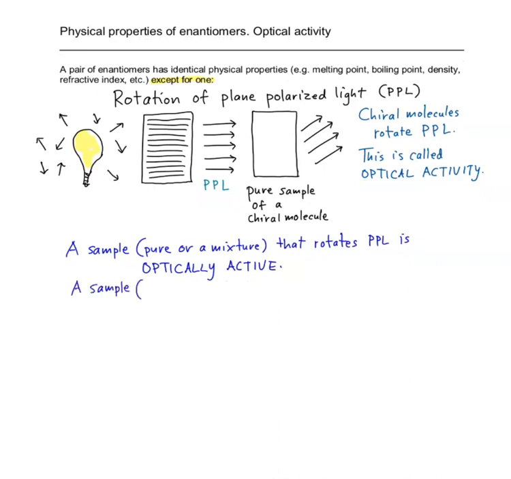But by contrast, a sample, whether that's pure or a mixture, so one compound or more than one compound, that does not rotate plane polarized light is called optically inactive.